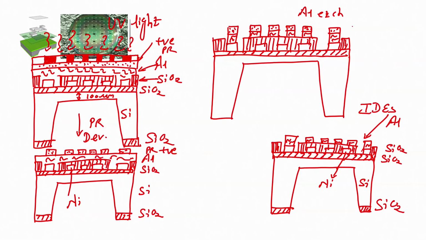So, we have photoresist, we have aluminum, we have SiO2, we again have SiO2, we have silicon, and we have SiO2 at the bottom, right, and then we have here our nickel micro heater, correct, because the photoresist will protect the aluminum, and thus the aluminum which was not protected, which you can see here between the photoresist, will get etched.